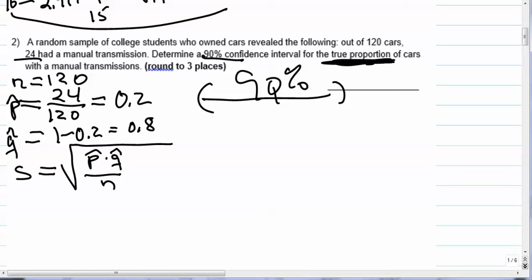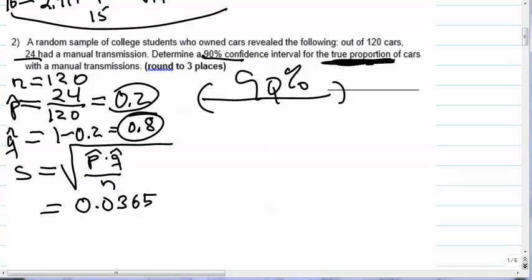If you do the math and type in 0.2 for p hat, 0.8 for q, and then n here is 120, you are going to come out with s equal to, let's see, hold on, let me check to make sure. Okay, I had to do the math here. So anyway, continuing on, if you do your calculation, rounded, you're going to get s is equal to 0.0365.